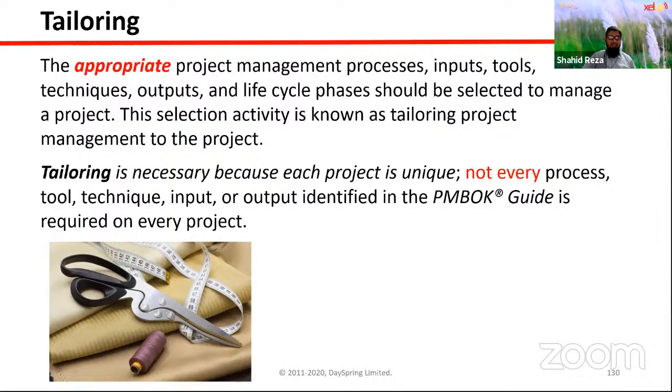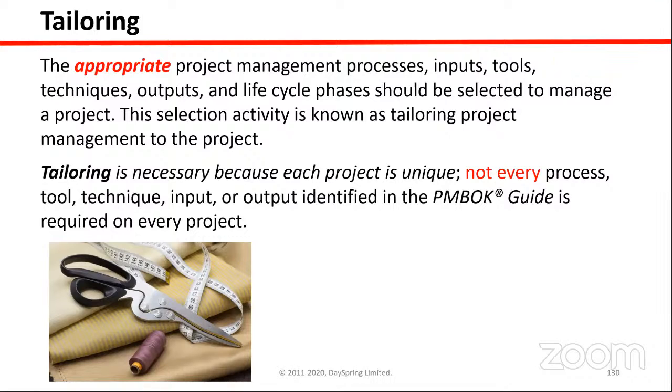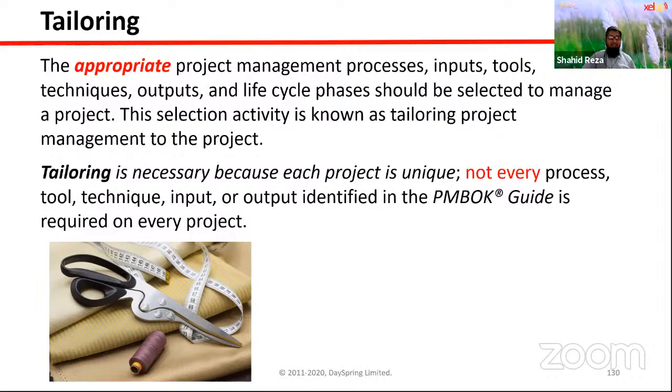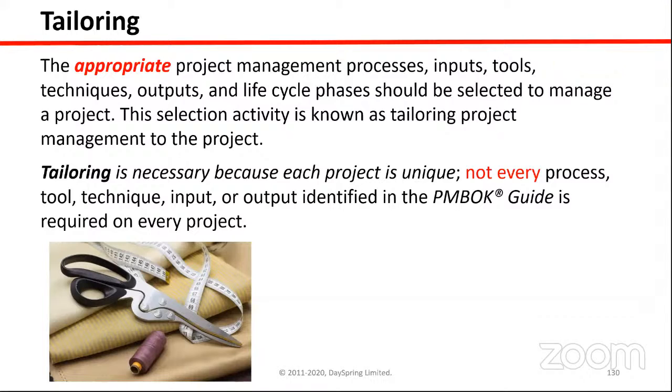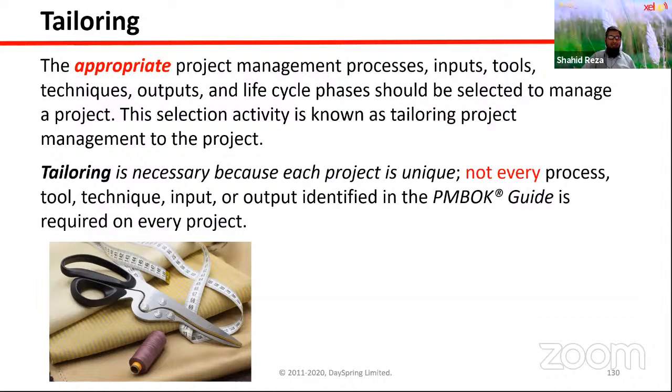For a small project, you may use a 1 or 3 page planning document. But for a big project, like a live project, the planning document will be thousands of pages, right? So it will depend upon the type of project and size of project you are doing, and based on your requirement. So as per the requirement, you will tailor the 49 processes, knowledge areas, and 5 process groups.